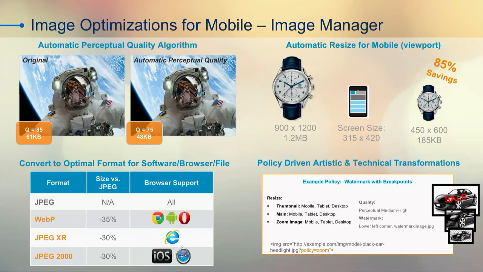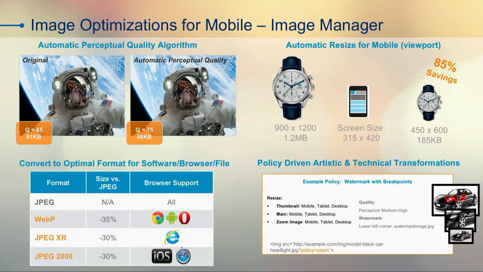The first one is very interesting. We have something called the automatic perceptual quality algorithm. This algorithm is intelligent enough to dynamically compress the images just to the right extent so that you get the highest byte savings, but at the same time, from a human perception, you don't really see a difference. And we are going to show you a demo of that soon after this.